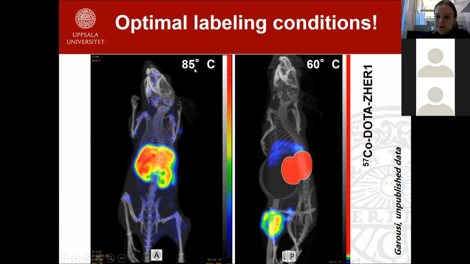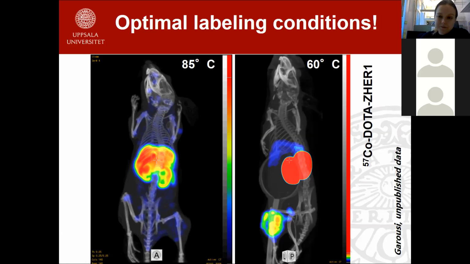But if we do the radiolabeling at 85 degrees, this molecule doesn't tolerate it, and what we see is just unspecific uptake. So the biological properties of the molecule were destroyed.